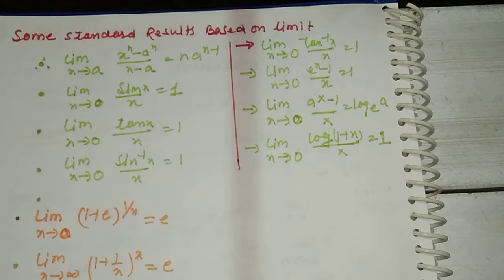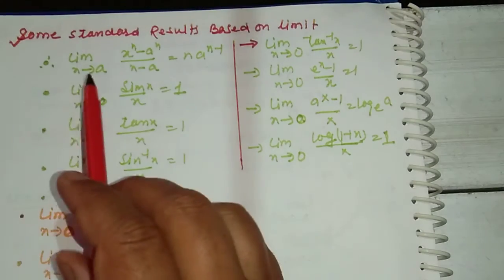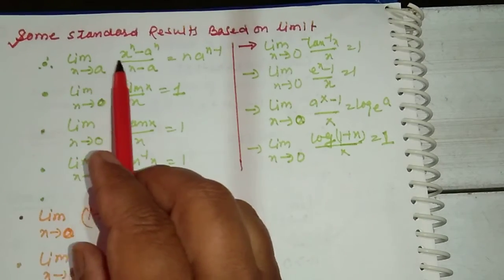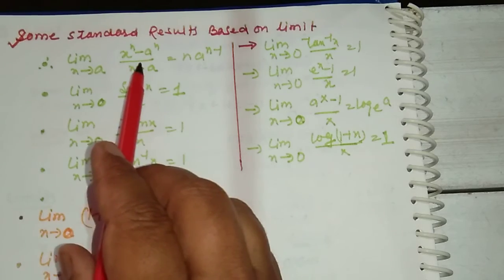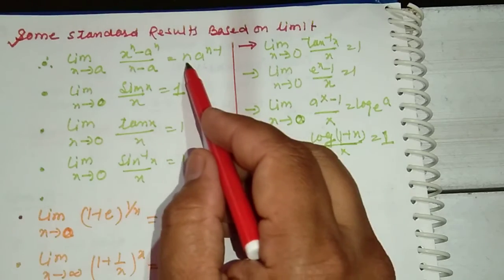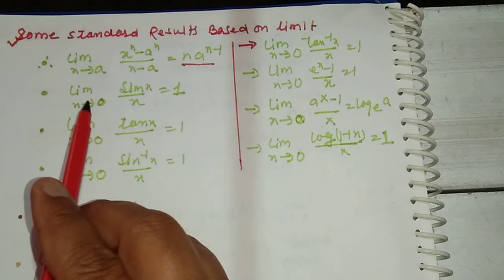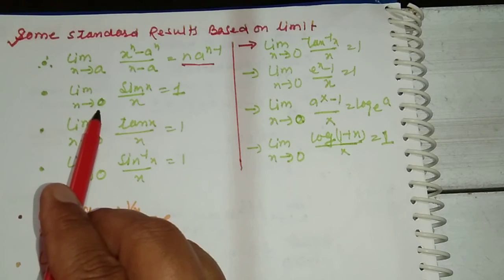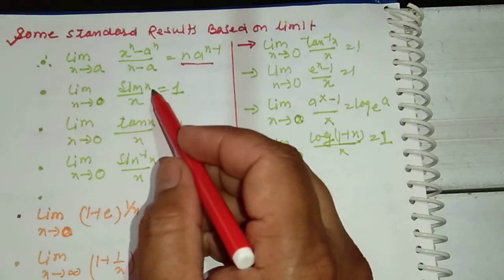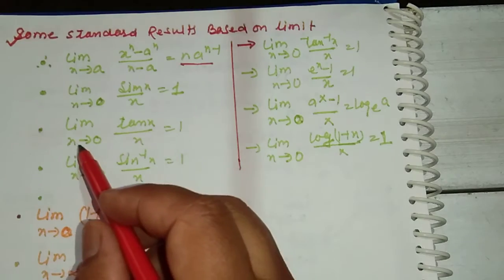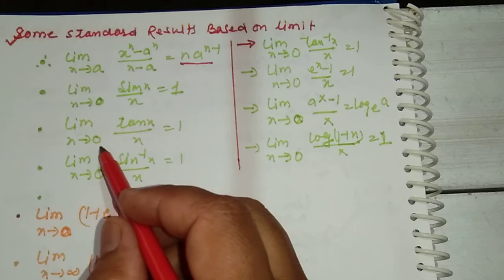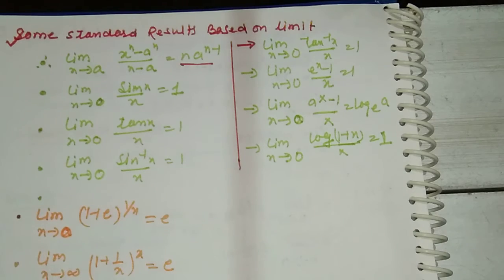Okay, now some standard results based on limits. First, limit x tends to a of (x to the power n minus a to the power n) upon (x minus a) is equal to n a to the power n minus 1. Second, limit x tends to 0 sin x upon x is equal to 1. Third, limit x tends to 0 tan x upon x is equal to 1.